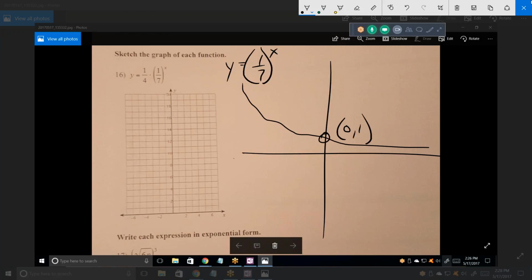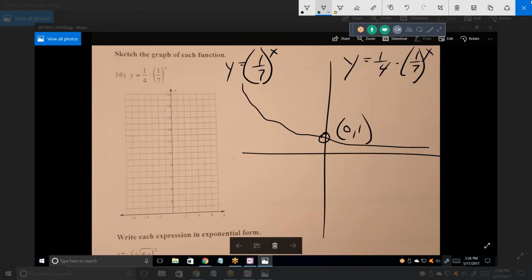Now, the fact that our function is 1/4 that, what's the effect of the 1/4? In other words, now we want to start looking at it as a transformation. If we're looking at it as a transformation, the 1/4 is a vertical what? Shrink. Yep.